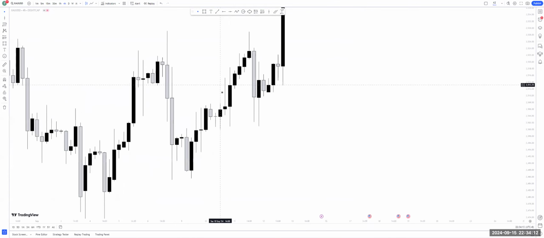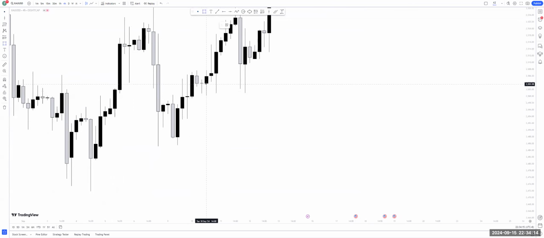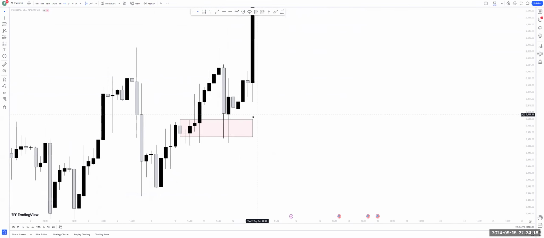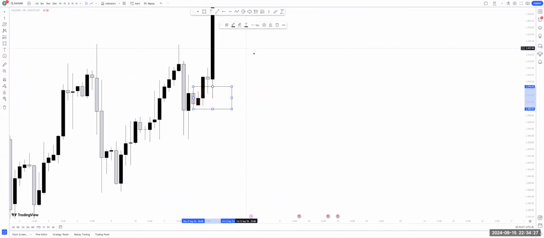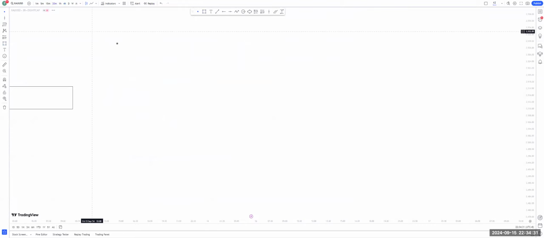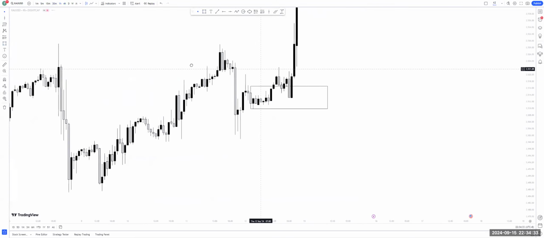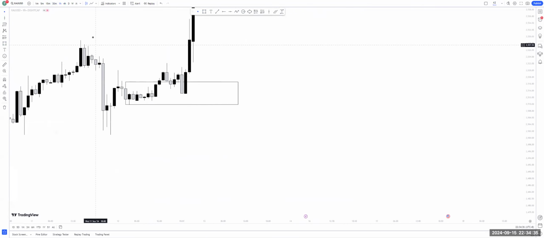Let's just say you have this buy zone over here. Once the price gets into this buy zone, do we need to go to 1 hour? Nope.